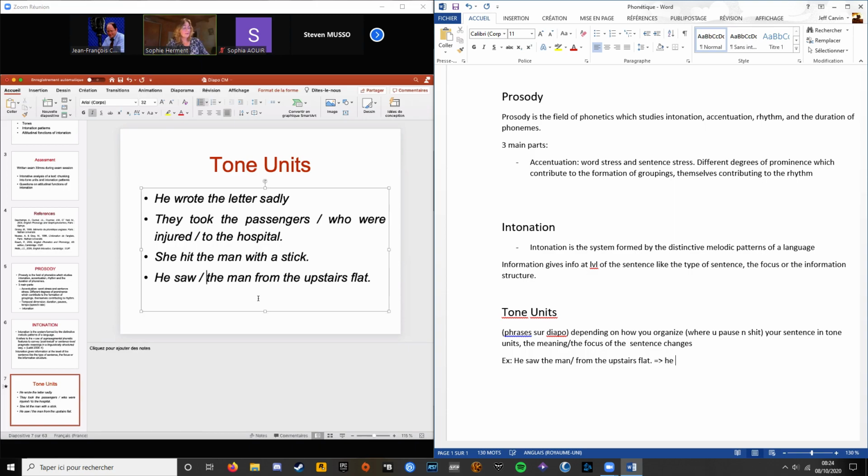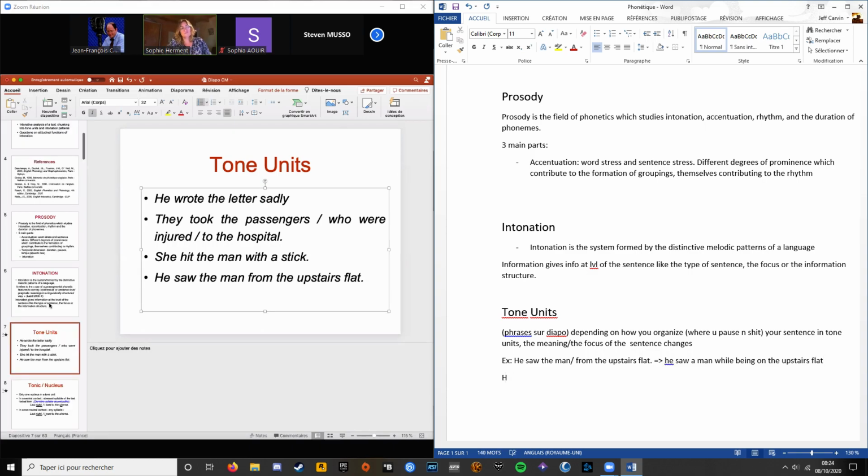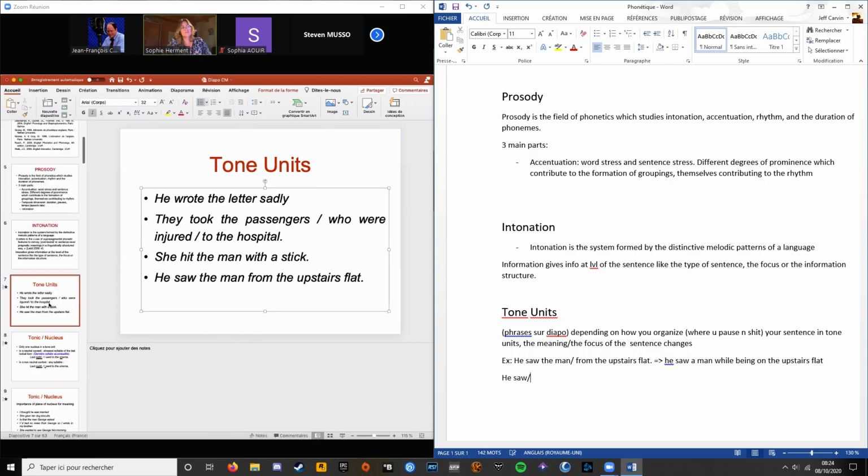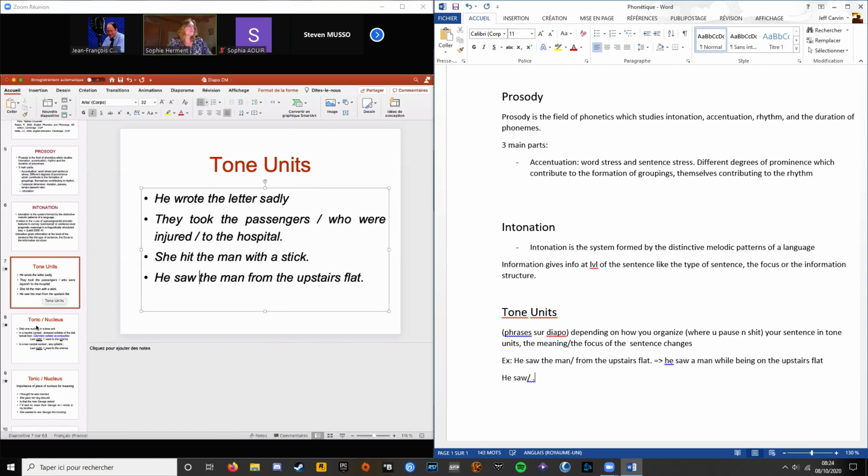Okay, and again, if you just simply say he saw the man from the upstairs flat, it's ambiguous. And in fact, speech is often ambiguous. But since you have the context, it's usually quite clear.